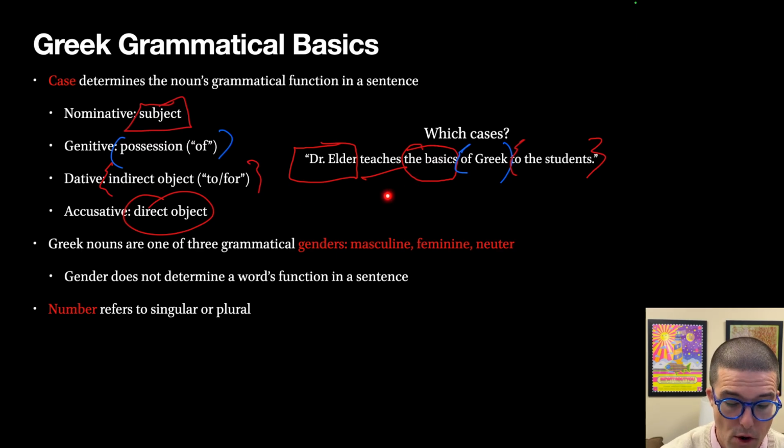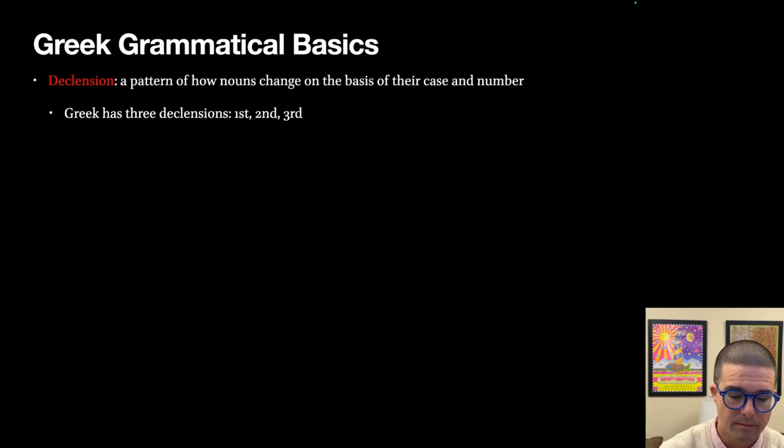It is the thing most directly related to the verb, the thing most directly affected by the verb teaches. Of Greek is describing the basics, or the basics sort of belong to Greek in a possessive way, so of Greek would be the genitive case. And then to the students would be the indirect object in the dative case.